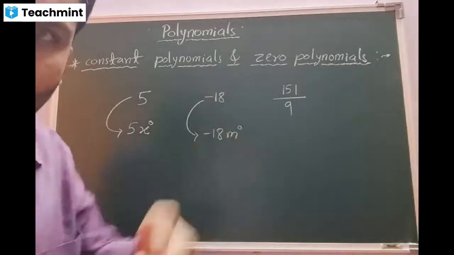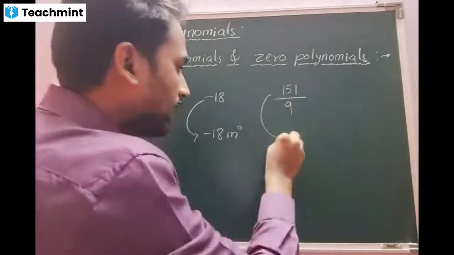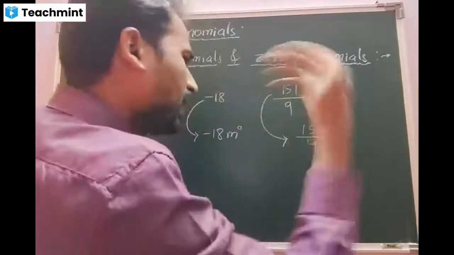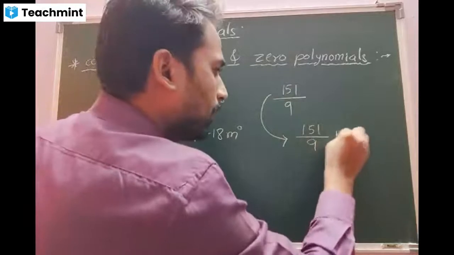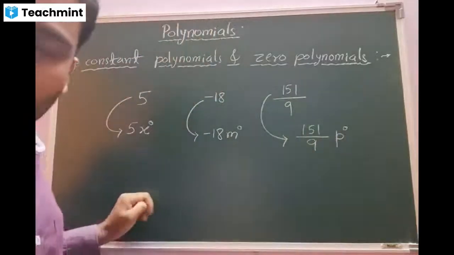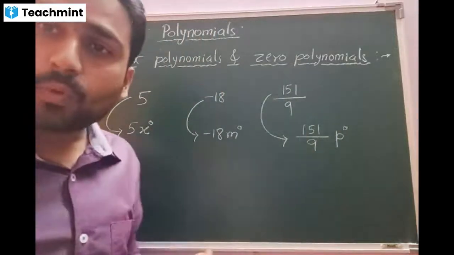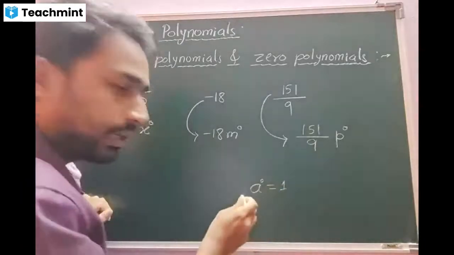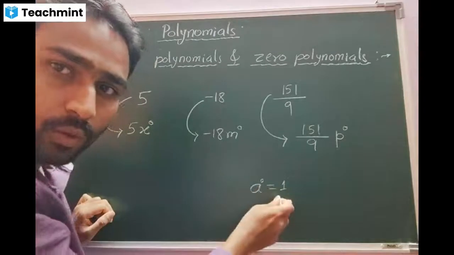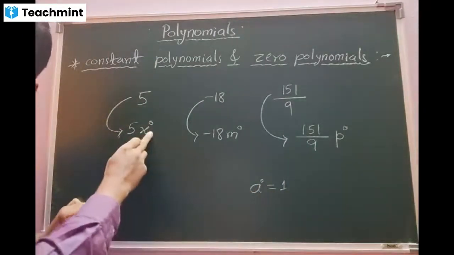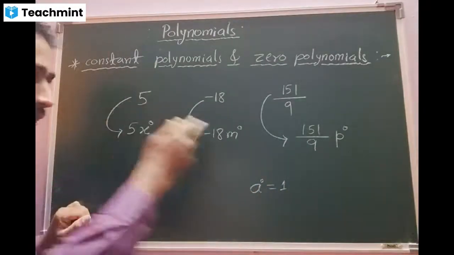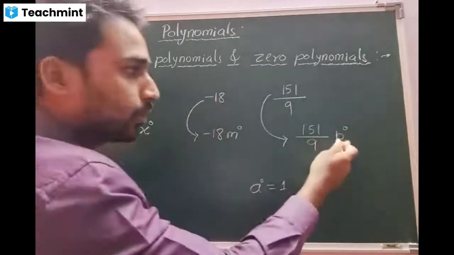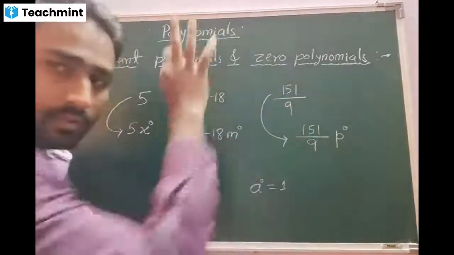This can be written as 151 divided by 9 times p to the power 0. Students, in the laws of exponents, we have learned any number to the power 0 is always 1. It is going to become 1. 1 into 5 is 5. 1 into minus 18 is minus 18. 1 into this is this. Got the concept?